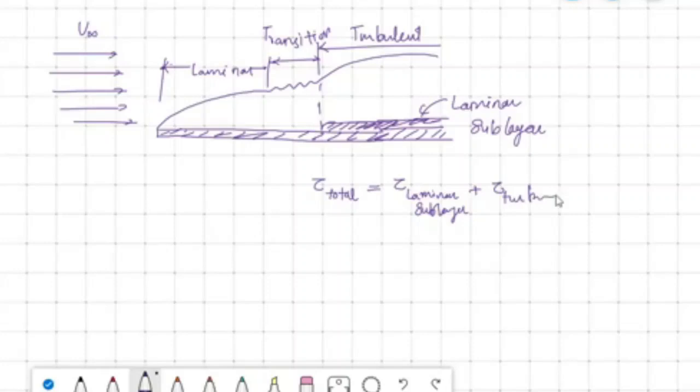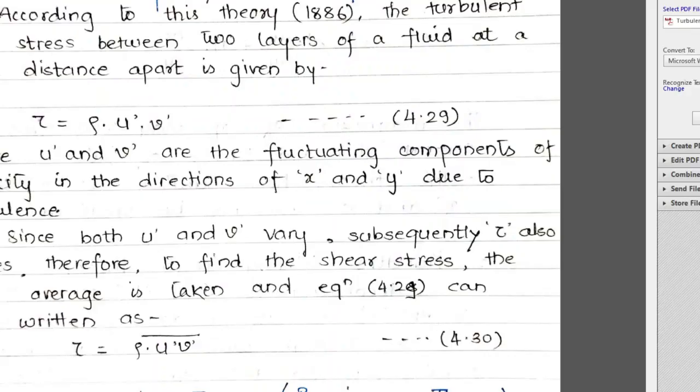It is equal to the shear stress due to the laminar sublayer plus shear stress due to the turbulent. This is the basic expression for the shear stress in the turbulent flow. Now we will move towards the various theories which are used in this turbulent flow.